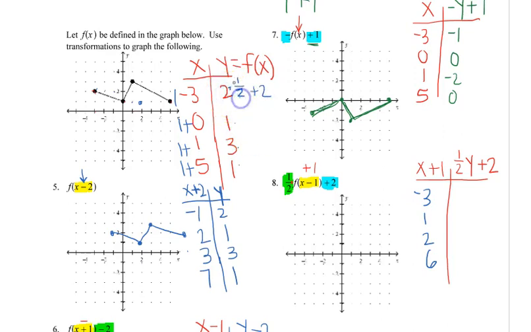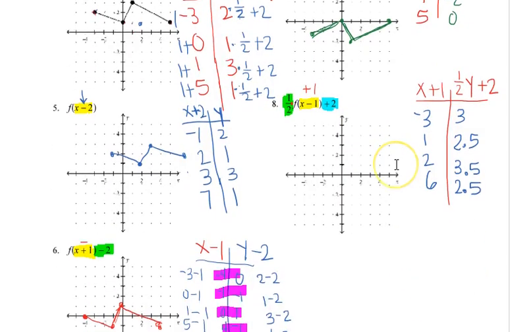So 2 times a half is 1. 1 plus 2 is 3. 1 times a half is a half, and then add 2 is going to be 2.5. 3 times a half is 1.5, plus 2 is 3.5. And then we do it again at 1. Since I already did the 1 up top, I'm going to use the 2.5, which is the same.